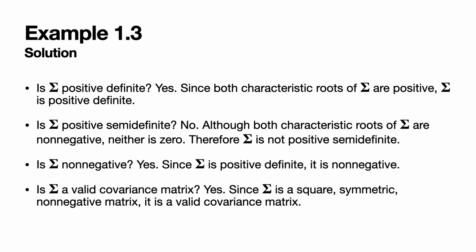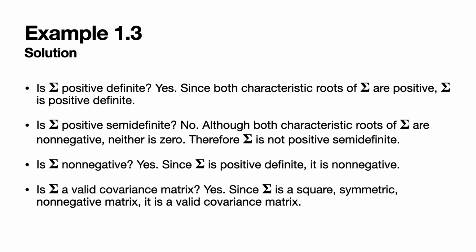All right, now we'll answer the following questions. Is cap sigma positive definite? Yes, it is. Since both characteristic roots of cap sigma are positive, cap sigma is positive definite. Is cap sigma positive semi-definite? No, it's not. Although both characteristic roots of cap sigma are non-negative, neither is equal to 0.